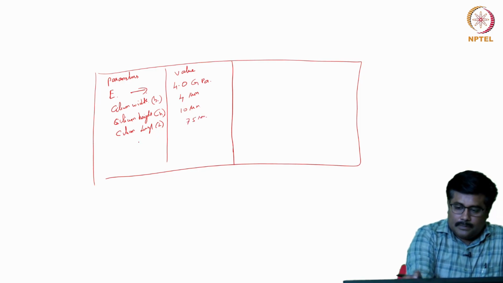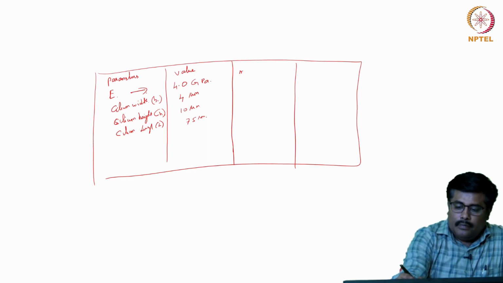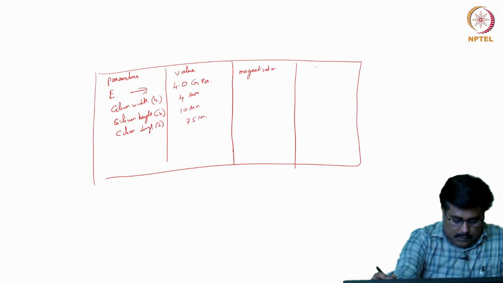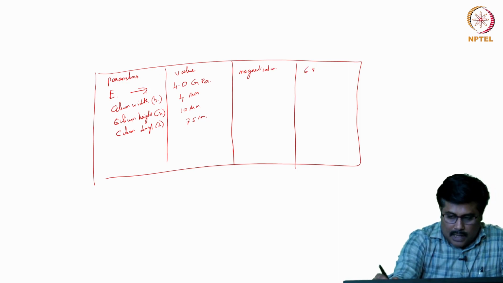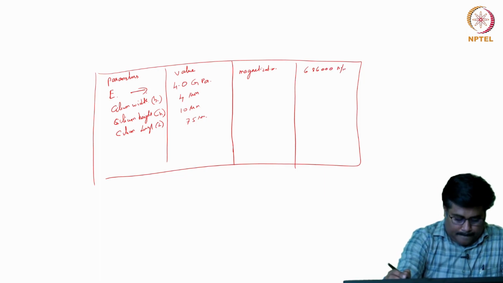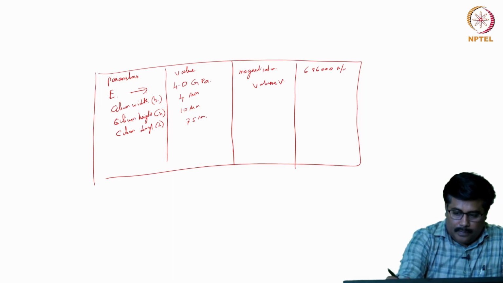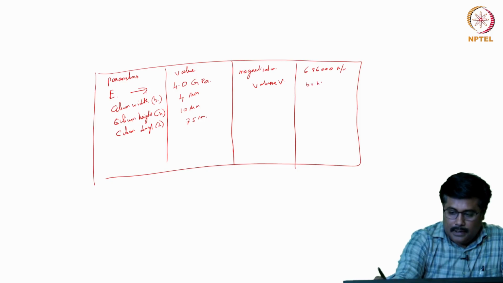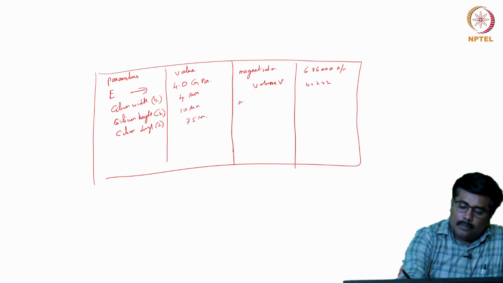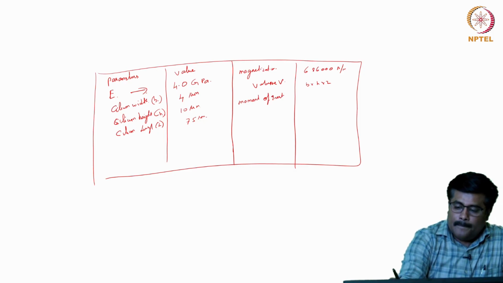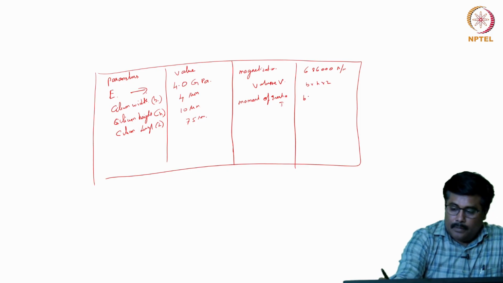The magnetization is around 6,86,000 ampere per meter, and the volume V can be represented as B into H into L, and the moment of inertia I is B H cube by 12.